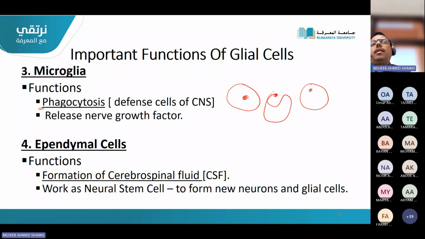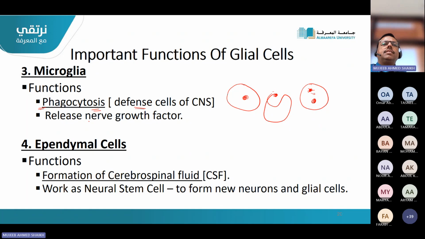They will engulf and eat it, break it down into smaller pieces, and then it will be eaten by the cells. This is called phagocytosis, eating. They are eating anything which is harmful to the brain, either a bacterium or a dead cell.